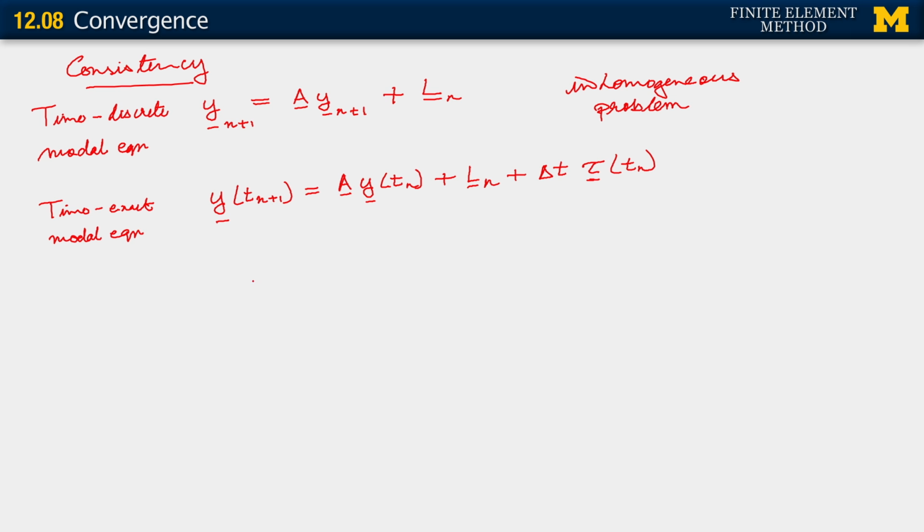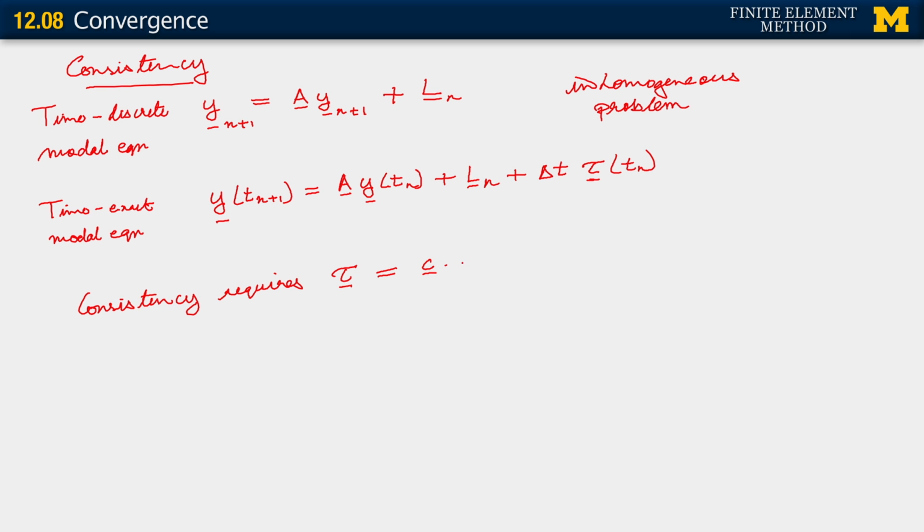Now consistency requires that tau be written as, again, a 2 vector C. You can think of it as C being two constants, C1, C2.